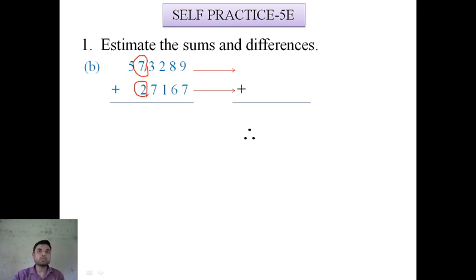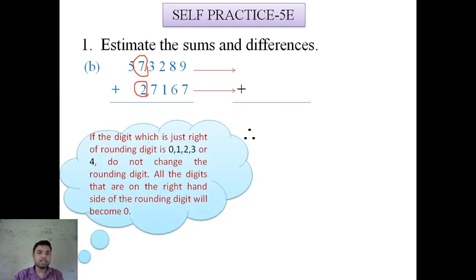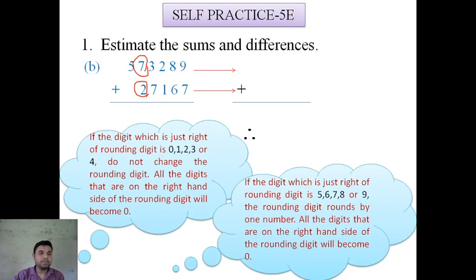Now my dear students, in class 4 you have already learned rounding. What have you learned? If the digit just right of the rounding digit is 0, 1, 2, 3 or 4, do not change the rounding digit. All the digits on the right hand side of the rounding digit will become 0.